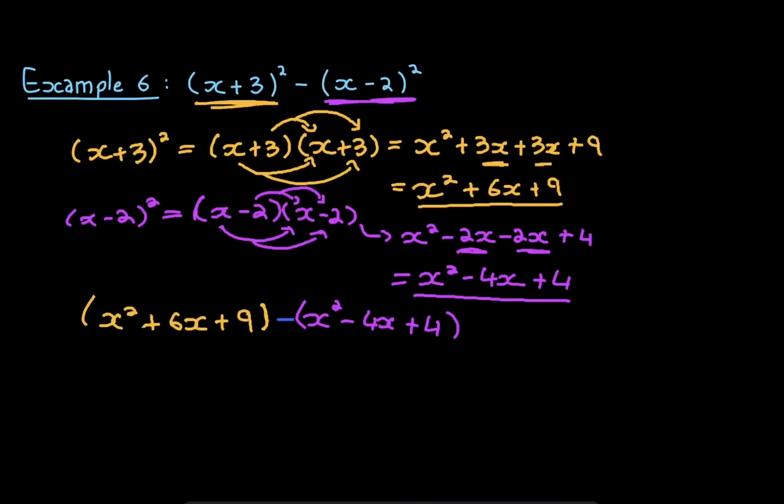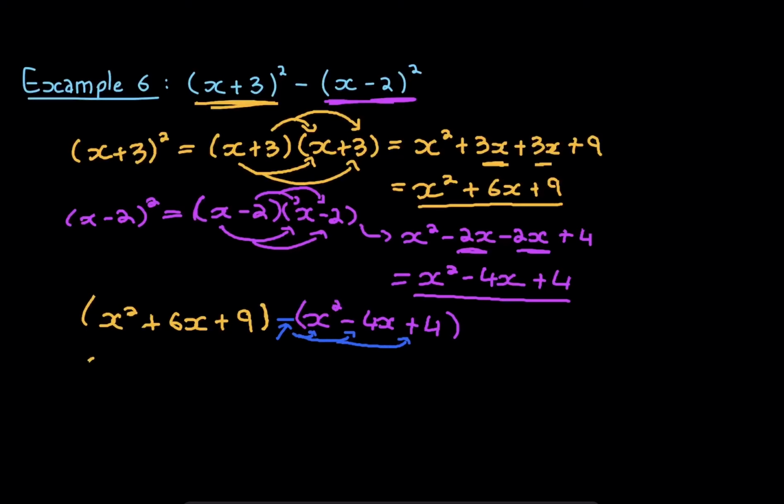Now if you notice, we have this negative sign here. So be very careful. We want to multiply this negative with the x squared, with the -4x, with the 4. It's the same thing we've been doing this whole time. So what do we get?